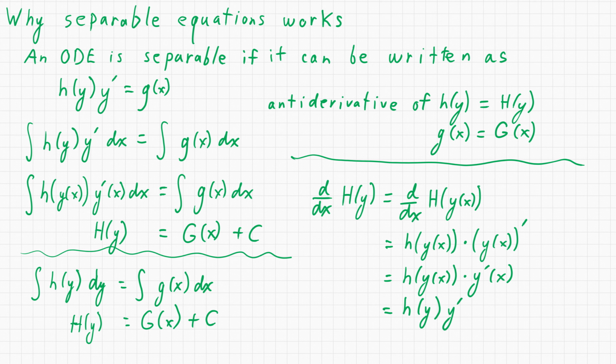So really, this thing where we split up the y prime into dy/dx and treat it like a fraction, ending up with an integral of dy on one side and an integral of dx on the other, ends up working, even though we're really not supposed to do that. The reason is the chain rule, and that y prime gets absorbed into the h of y during the integration.